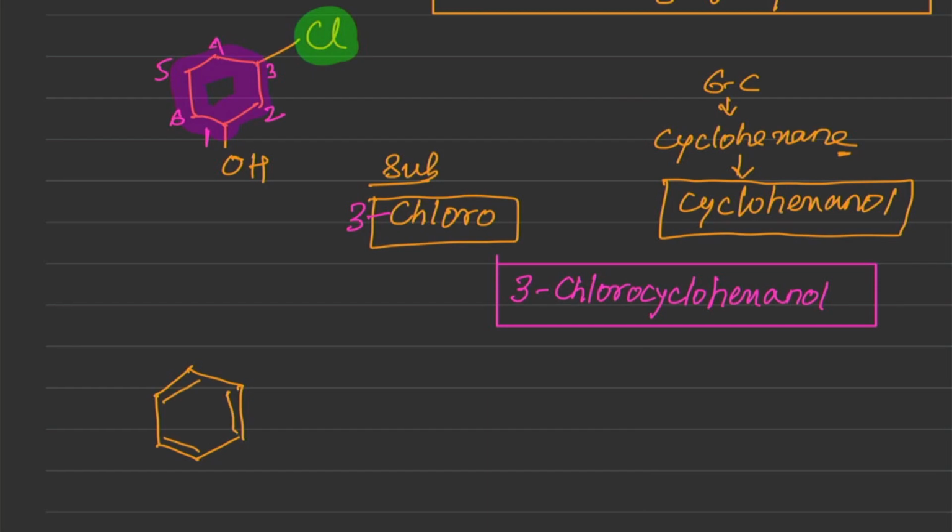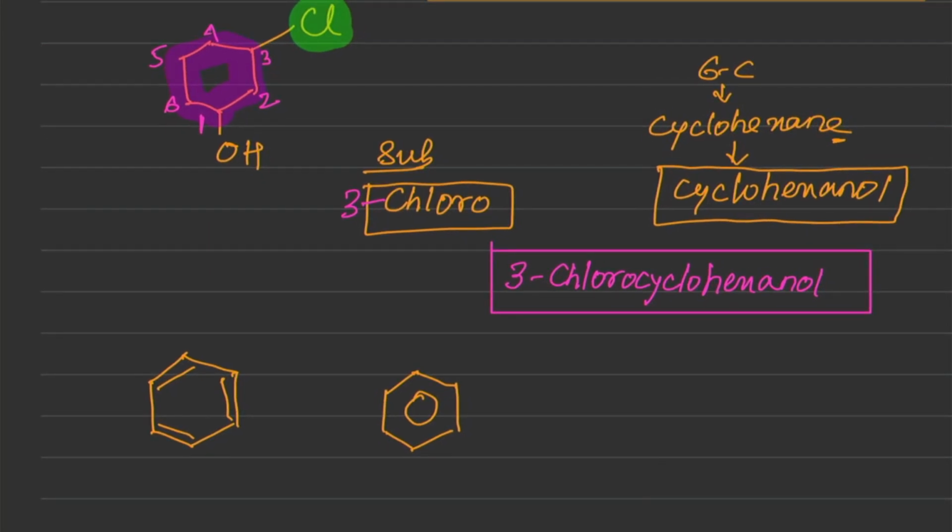So benzene rings you can write like this, or instead of writing all those double bonds, you can write them as a circle to show the delocalized pi electrons.